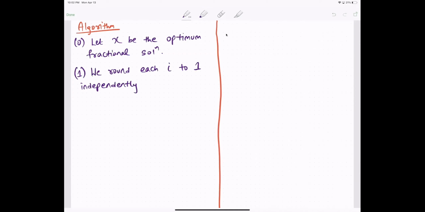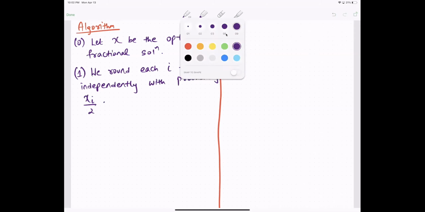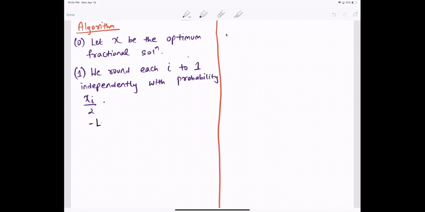That's a very important step. Round each I to 1 independently with probability xi over 2, right? And let's denote x prime the rounded solution.